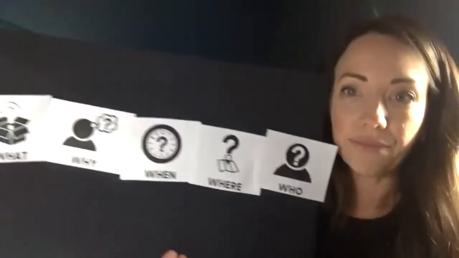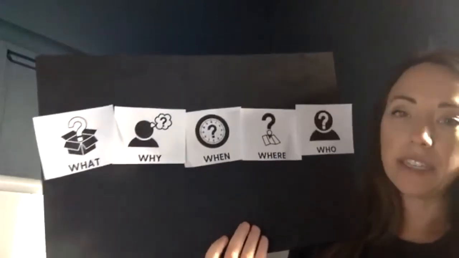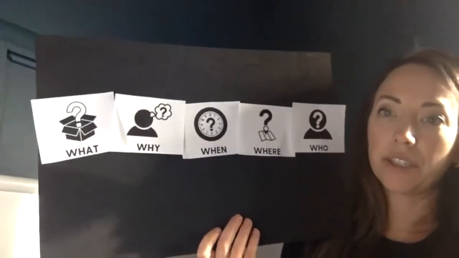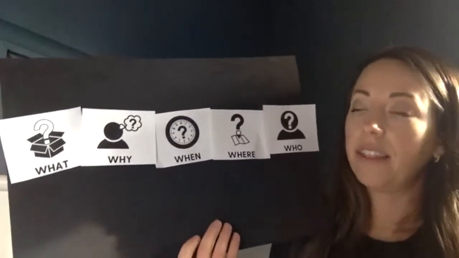So let's review our 5 WH questions that we've been working on. So I'm going to hold up my blackboard that we've been showing every week. And it has all of my 5 WH questions, our pictures on here. So let's go through.